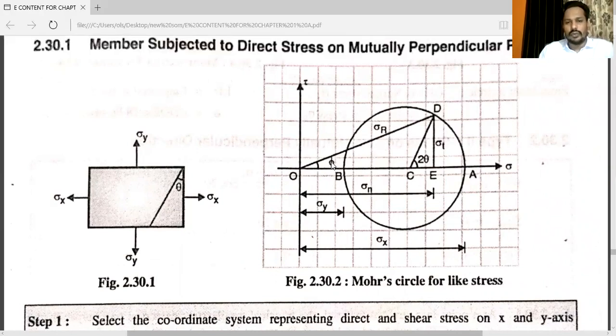You can see this angle of obliquity. This is the method of the Mohr circle.